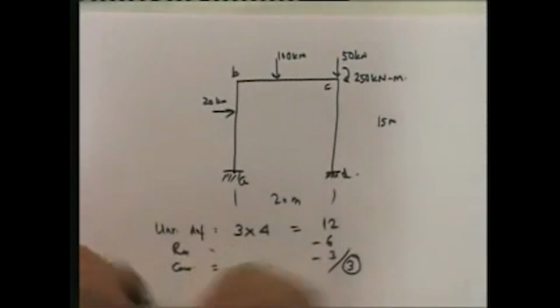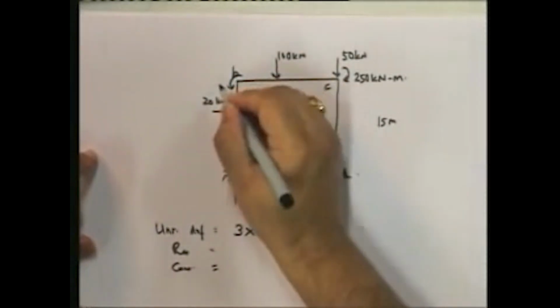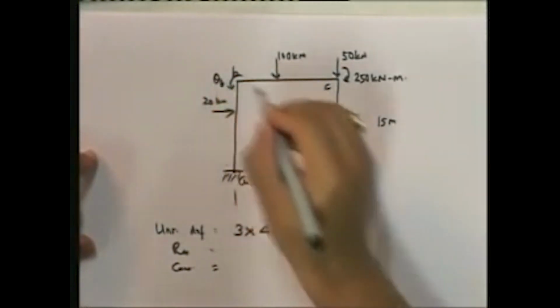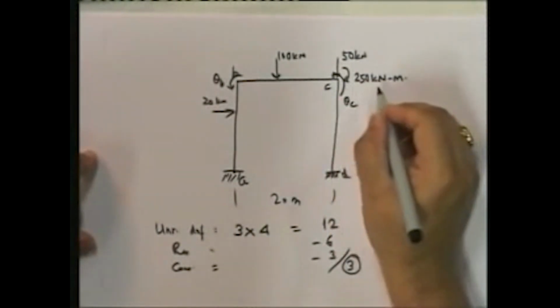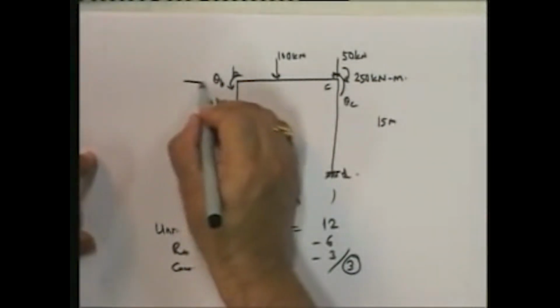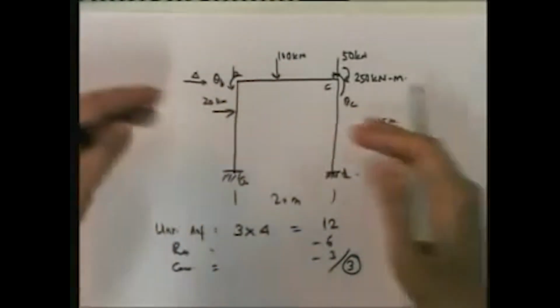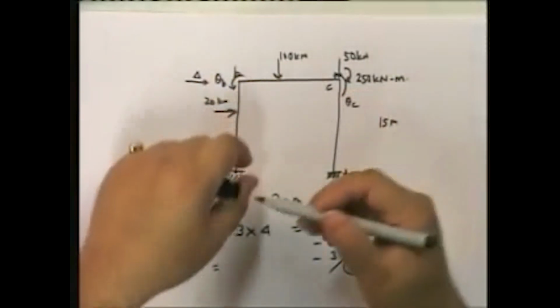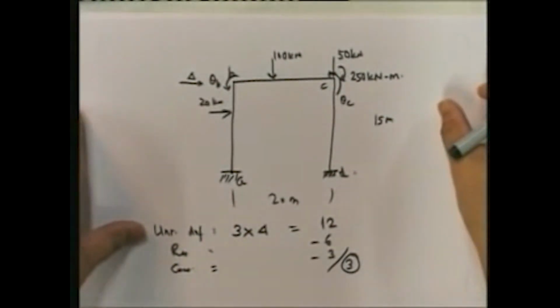What are those 3 degrees of freedom? Theta at B, theta at C, and delta. This delta is the same as this delta, because BC cannot actually deform.